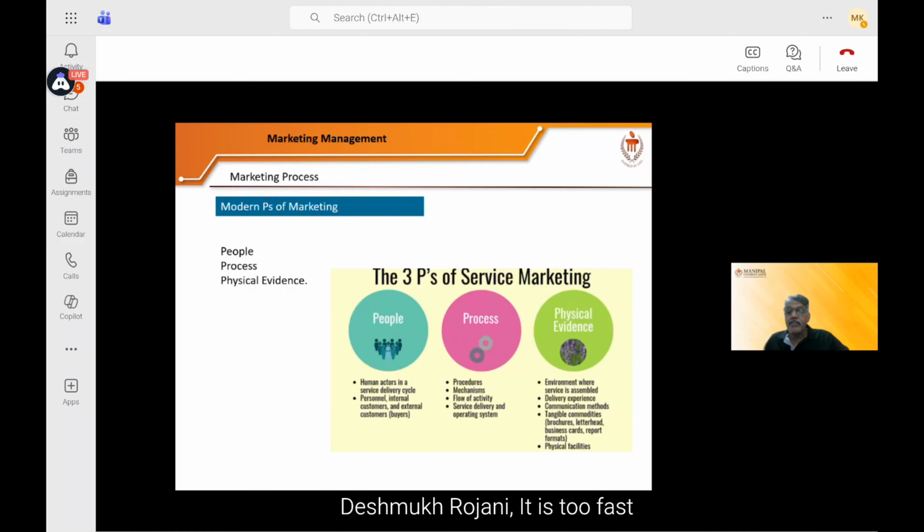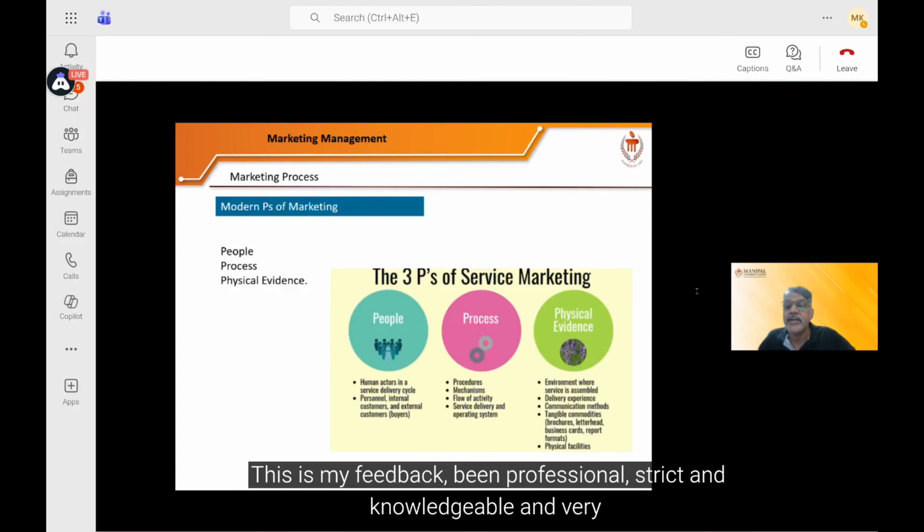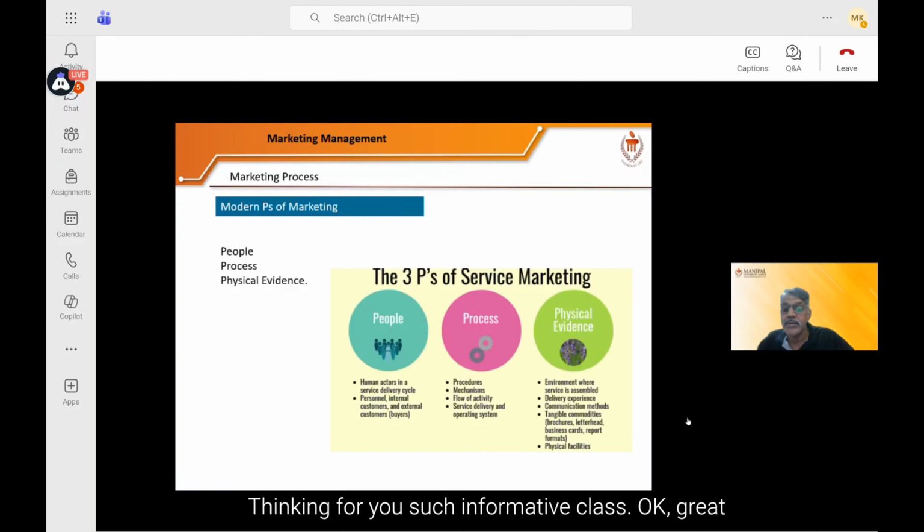Deshmukh Rojani, it is too fast for me. Can I get some document to go through the full lecture? Deshmukh, are you Maharashtrian? This is my feedback: being professional, strict and knowledgeable, very well thought out and well explained the whole chapter. Okay. Thank you for such an informative class. Okay, great session, sir. Deshmukh, are you Maharashtrian?